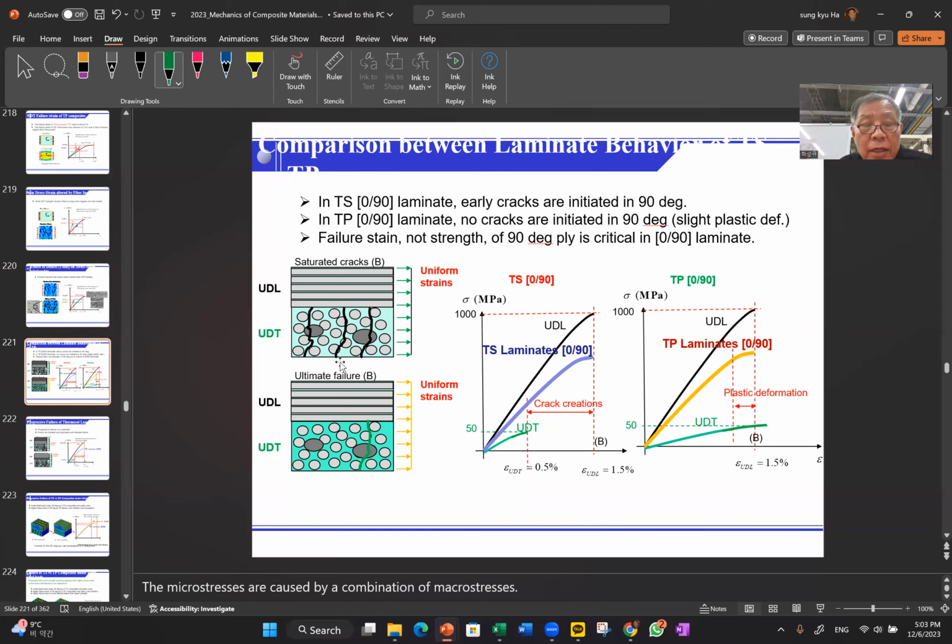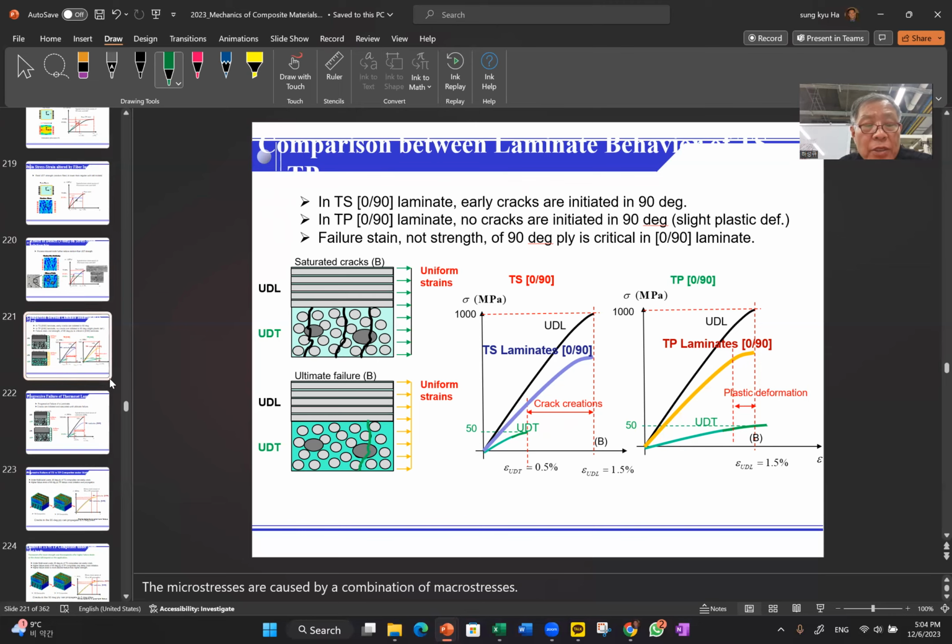Again, UDT is not supposed to take load, but it's better to have a high failure strain in the UDT. Okay, so that's why the thermoplastic can be better, because in UDT we have a higher failure strain due to the resin system.